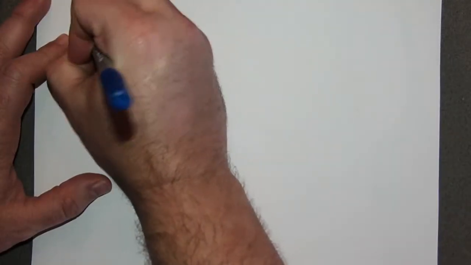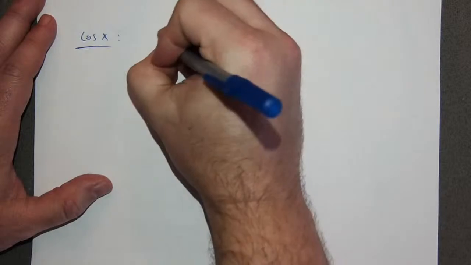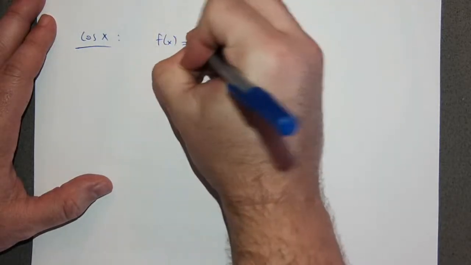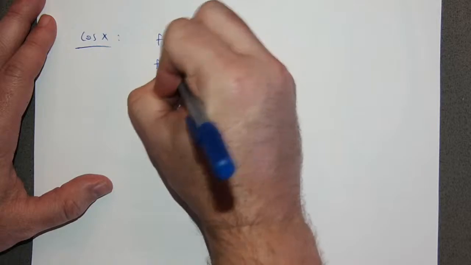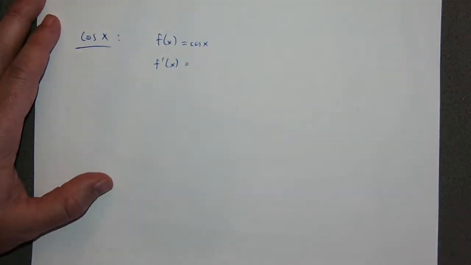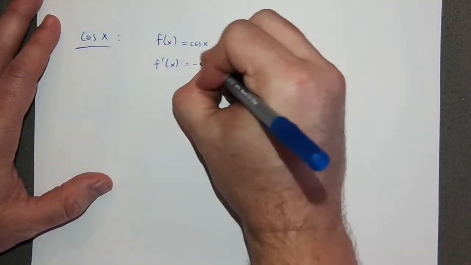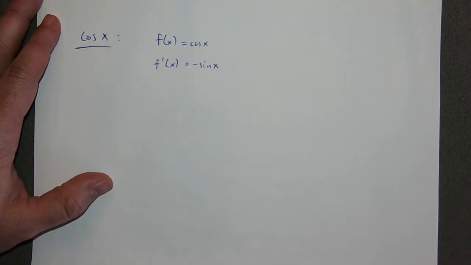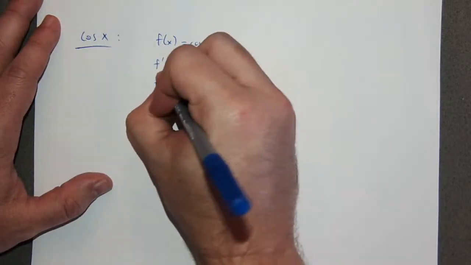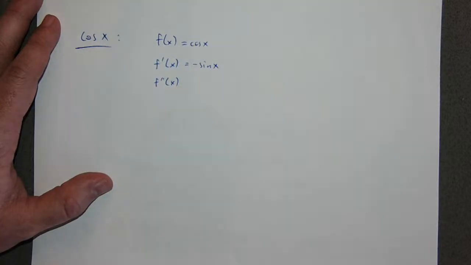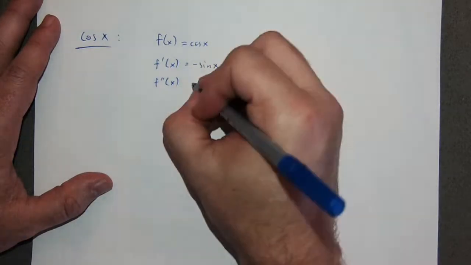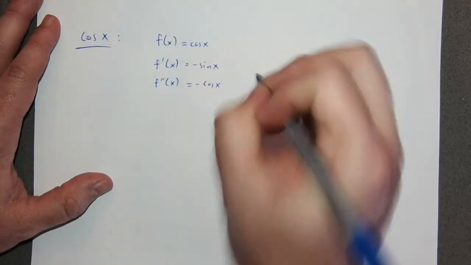Let's do another one. Let's do cosine x. So f of x is cosine x. What is f prime of x? Well, the derivative of cosine x is minus sine x. My second derivative, the derivative of the first derivative, of minus sine x is minus cosine x.